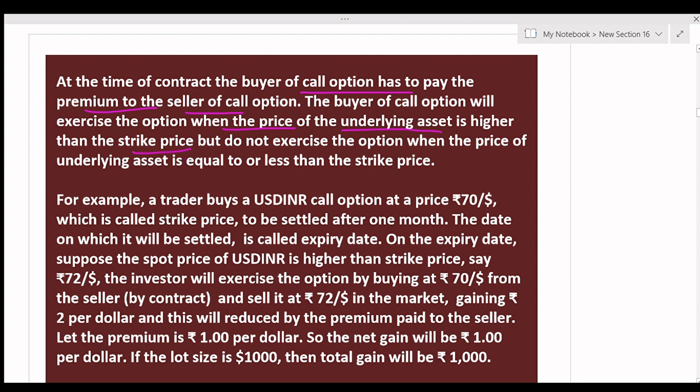Strike price in my example is 10 lakhs and premium is 1 lakh. And they do not exercise the option when the price of the underlying asset is equal to or less than the strike price.